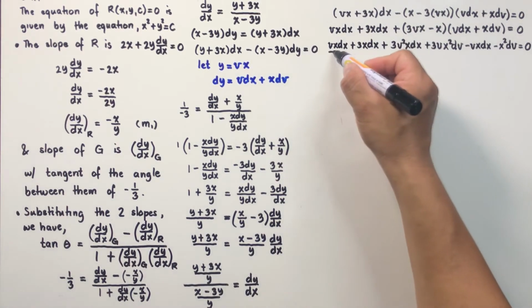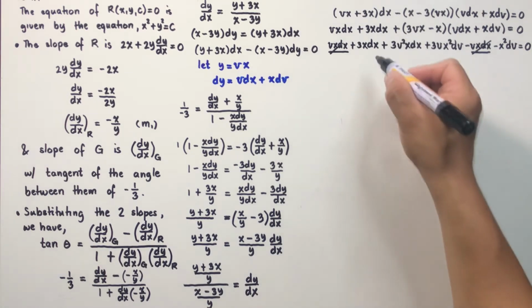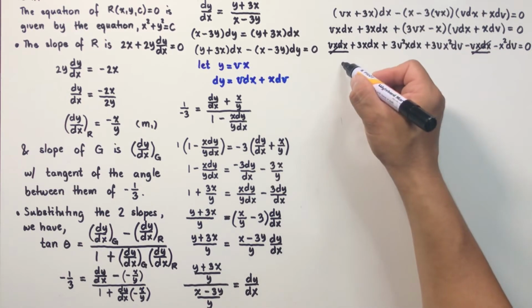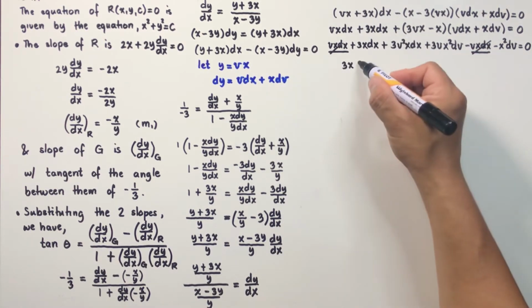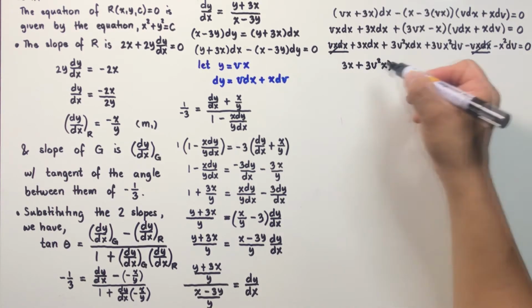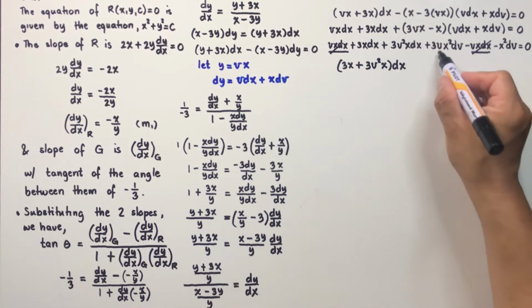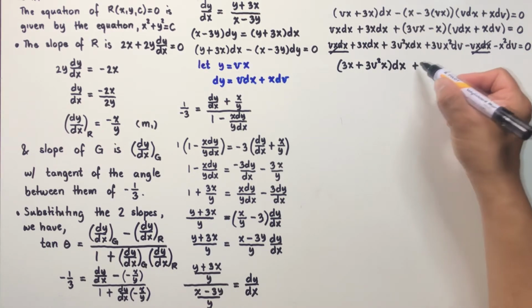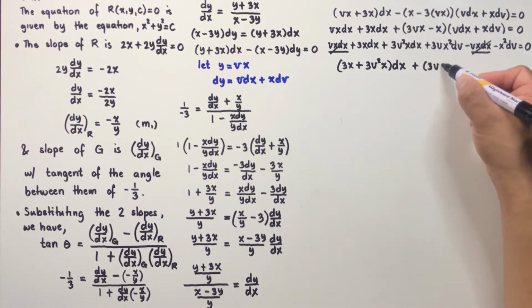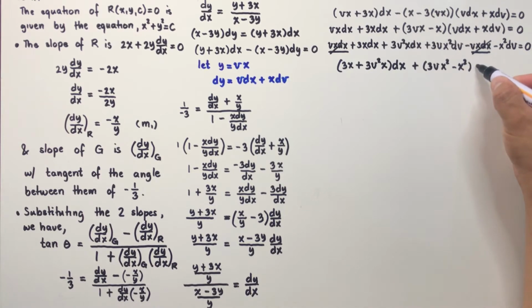And we know that this term and this term cancel each other. So we have these two terms as (3x plus 3v squared x) times dx. And also this term, we have plus (3v x squared minus x squared) times dv.